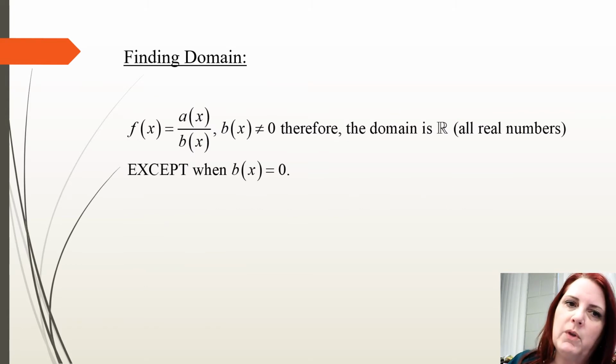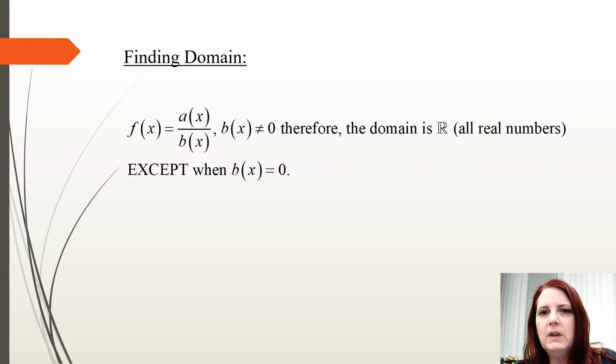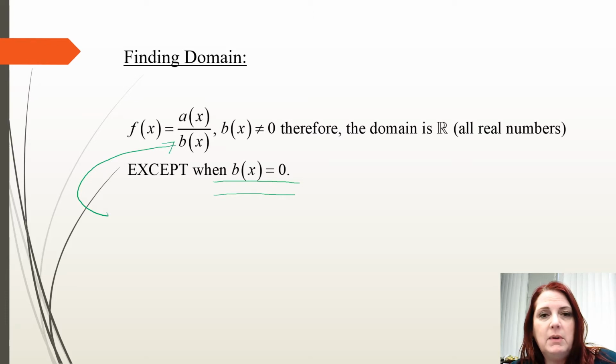When we were working with quadratics and other polynomial functions, our domain was always all real numbers. And we're going to continue to assume that whatever we're given is all real numbers unless we find an exception. Now, an exception is going to be when we're working with rational functions. It's going to be when b of x is equal to 0, because notice that b of x right here is in the denominator.